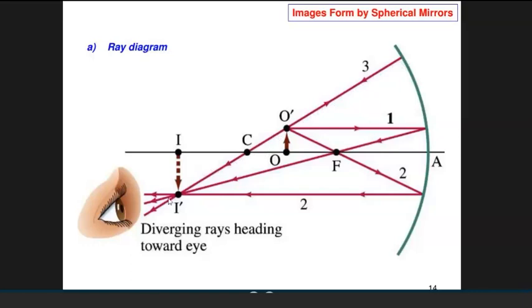And here is the observer. So all the three spatial rays have been used in order to draw the diagram for the image formation, for the position of object.